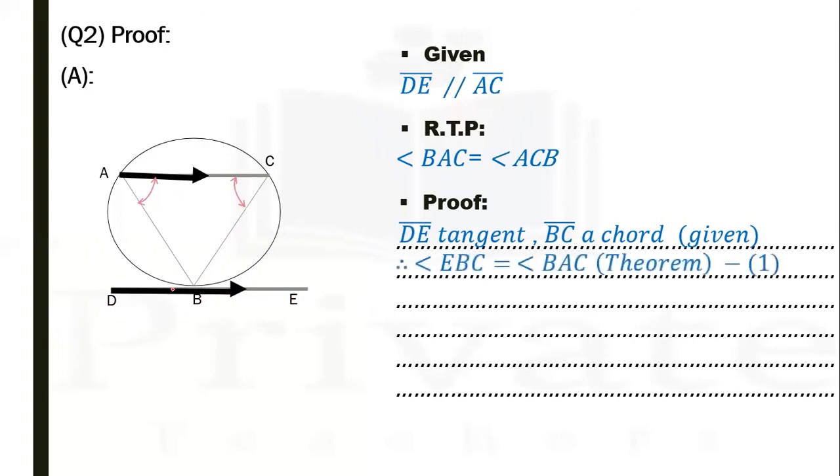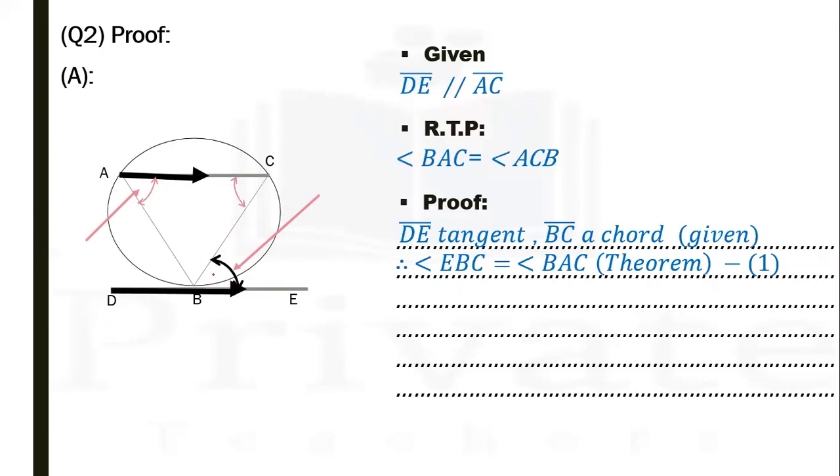Therefore, angle EBC, this one, the angle between the tangent and the chord, this angle is equal to this angle. Look, angle EBC is equal to angle BAC. Why?